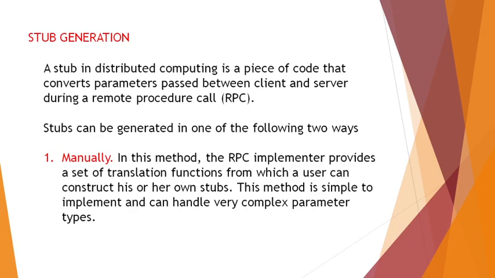So it converts the message parameters or arguments. This one also we have discussed in the stub class. So stubs can be generated in two ways. One is manual and the second one is automatic generation of stubs.